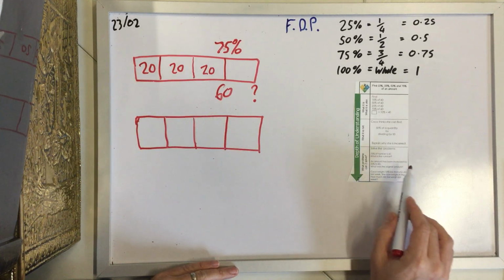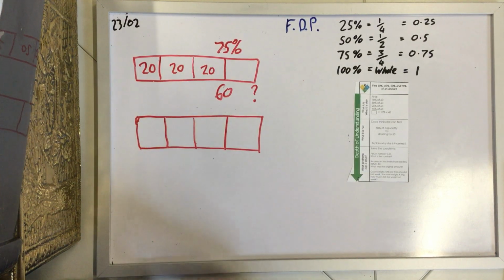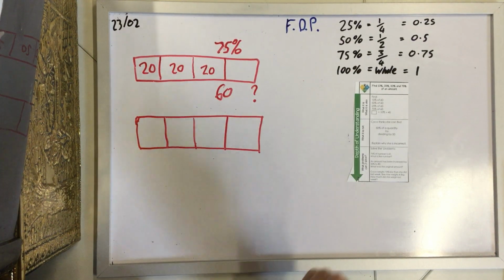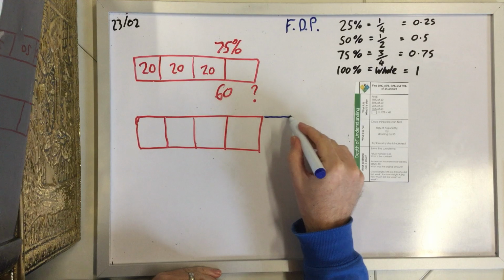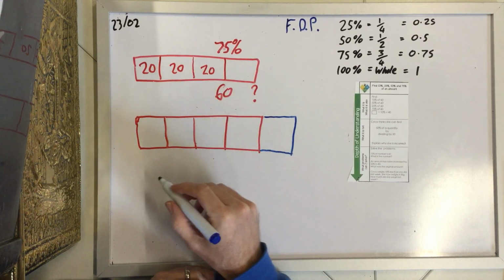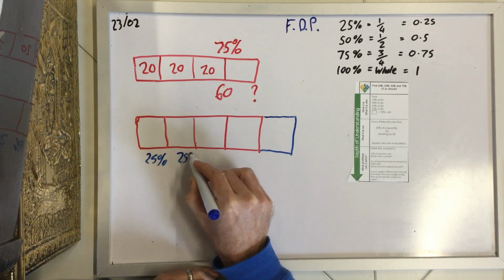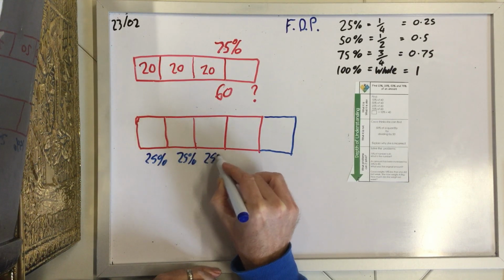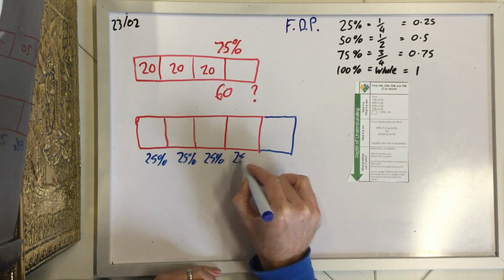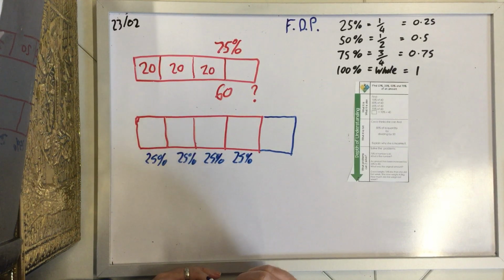An amount has been increased by 25%. I'm going to change colours here. What we've actually got is another 25% on the end. So if you think this is 25%, 25%, 25%, 25%, that's the original amount, the 100%, the whole.